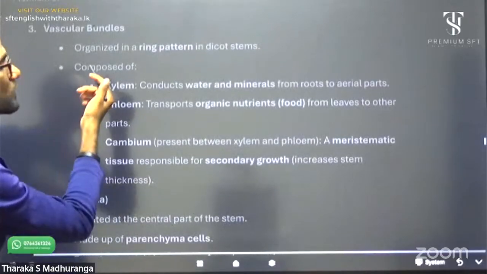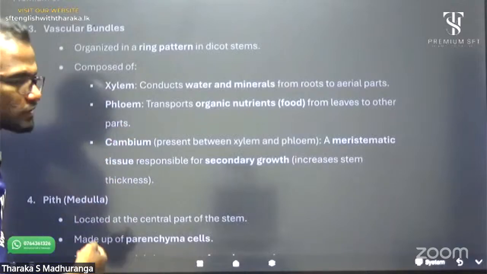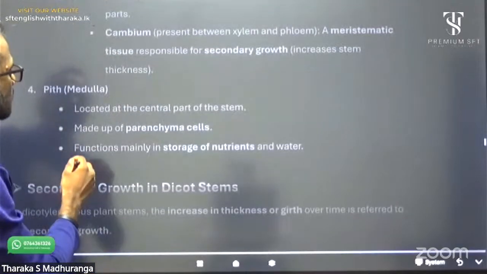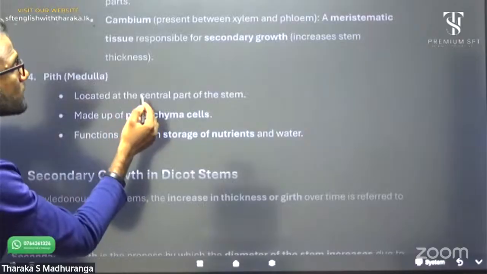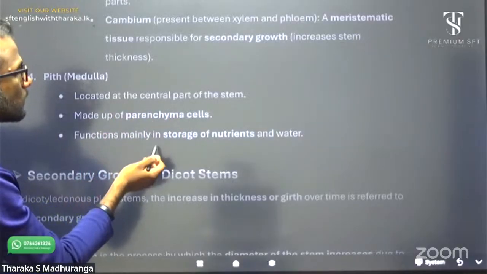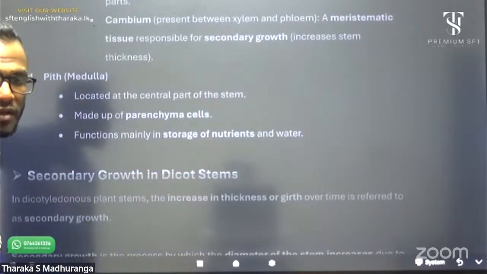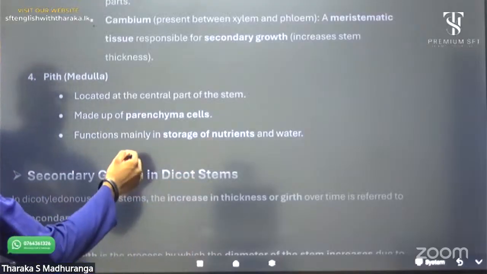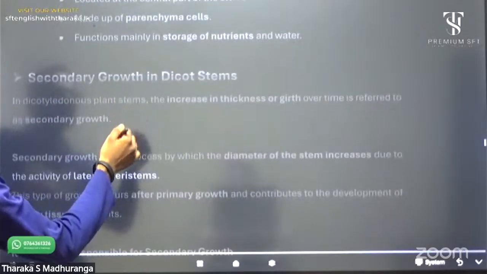Vascular bundles have xylem and phloem for the transportation process. Pith is located at the center of the stem and made up of parenchyma cells, mainly for storage of nutrition. The pith is where storage happens.